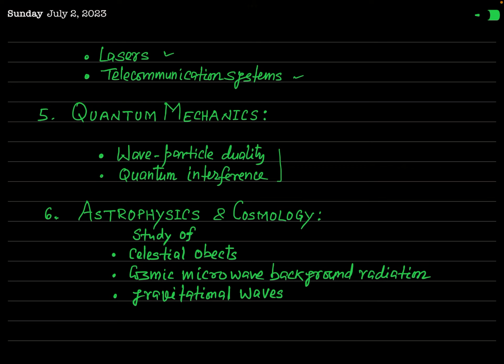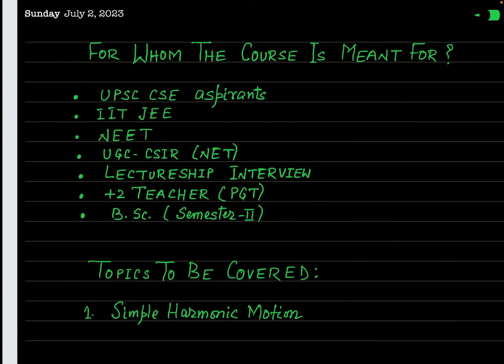In fact, astrophysicists use wave phenomena to investigate celestial objects, study the cosmic microwave background radiation, and explore the nature of gravitational waves. You know, gravitational waves were predicted by Einstein, and for the study of these gravitational waves, the idea of waves and oscillation is indispensable. Okay. So, these were some of the important key facts why we need the study of waves and oscillation.